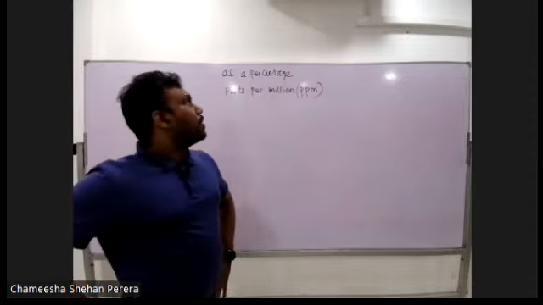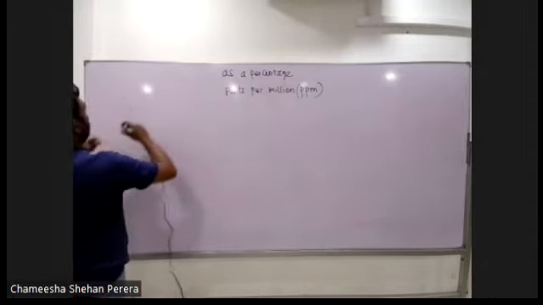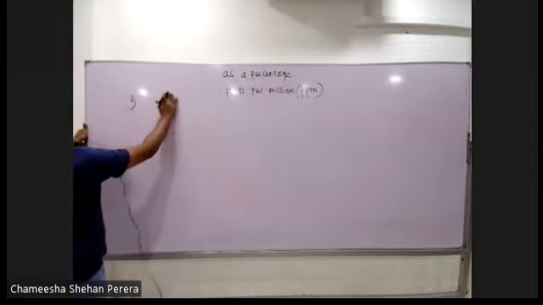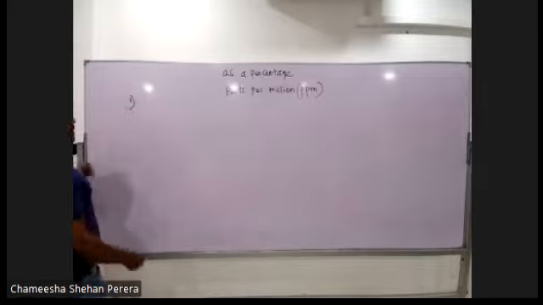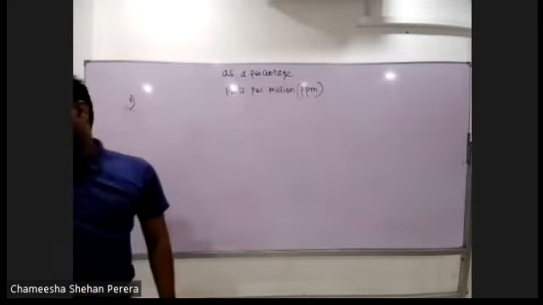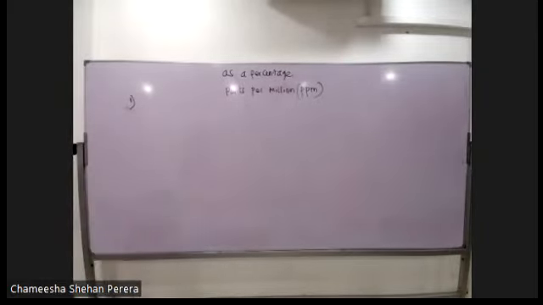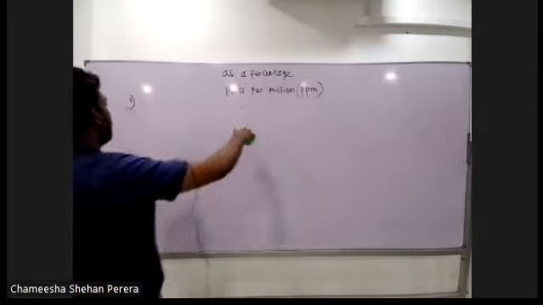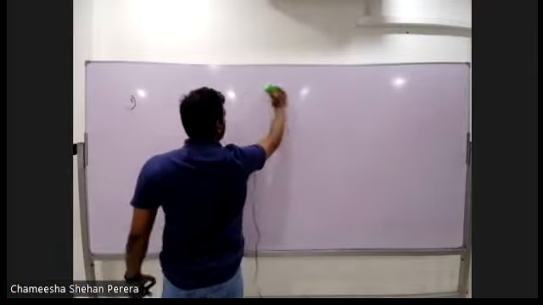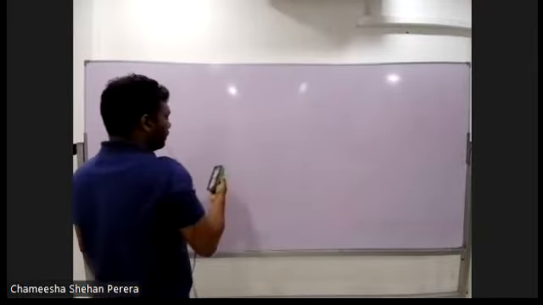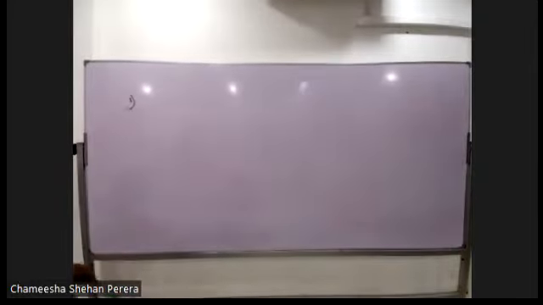Done. So then write Roman number 1 under the heading you just wrote, and write expressing the composition as a percentage.